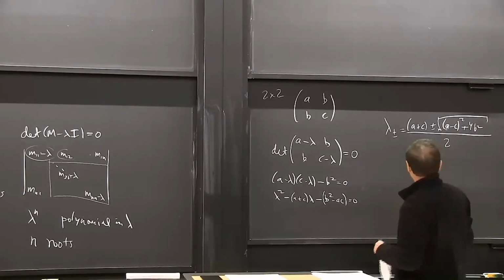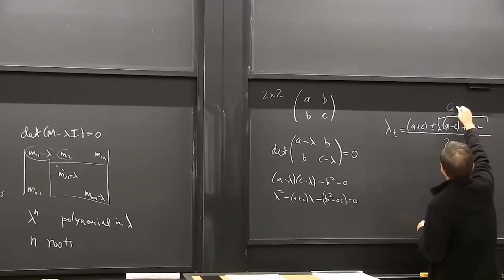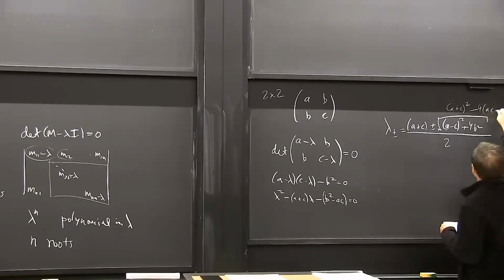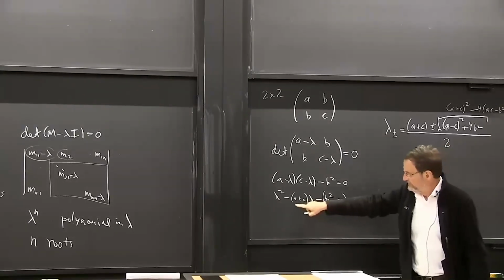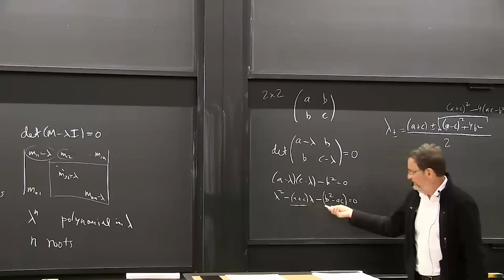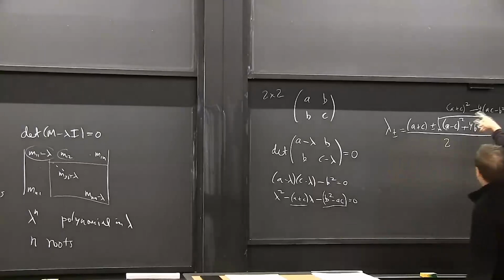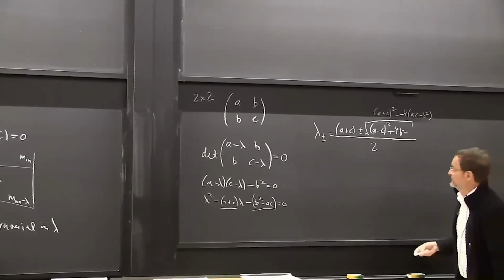So, well, actually I simplified something here. So this was, before I simplified it, a plus c squared minus 4ac minus b squared. Right, so it's b squared, which is now this term, minus 4 times that term. And then when I multiply that out and rearrange terms, I get this.